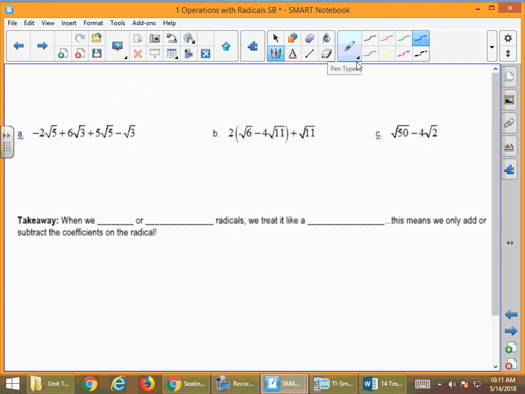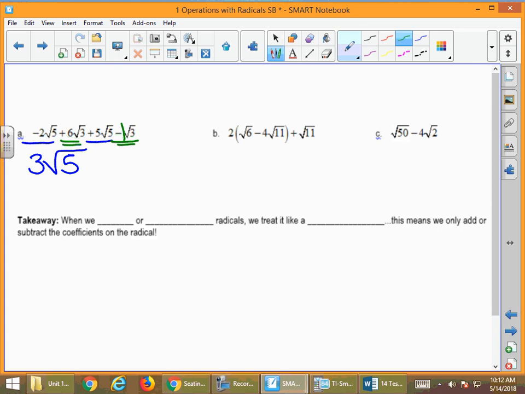But what we're going to do to combine like terms here is take negative 2 radical 5 plus 5 radical 5, and we add the coefficients. Negative 2 plus 5 is 3. And we leave the square root of 5 alone. Same thing with the 6 radical 3 minus radical 3.